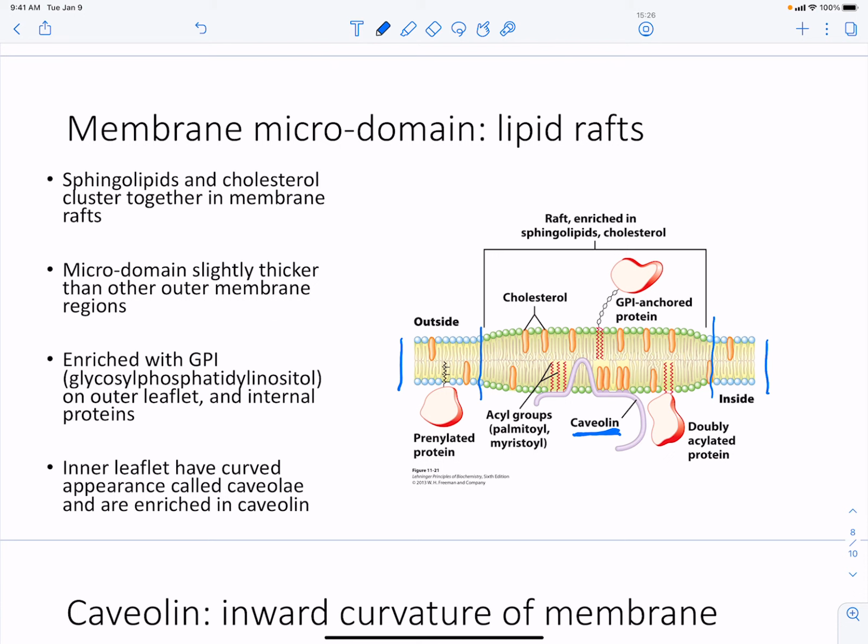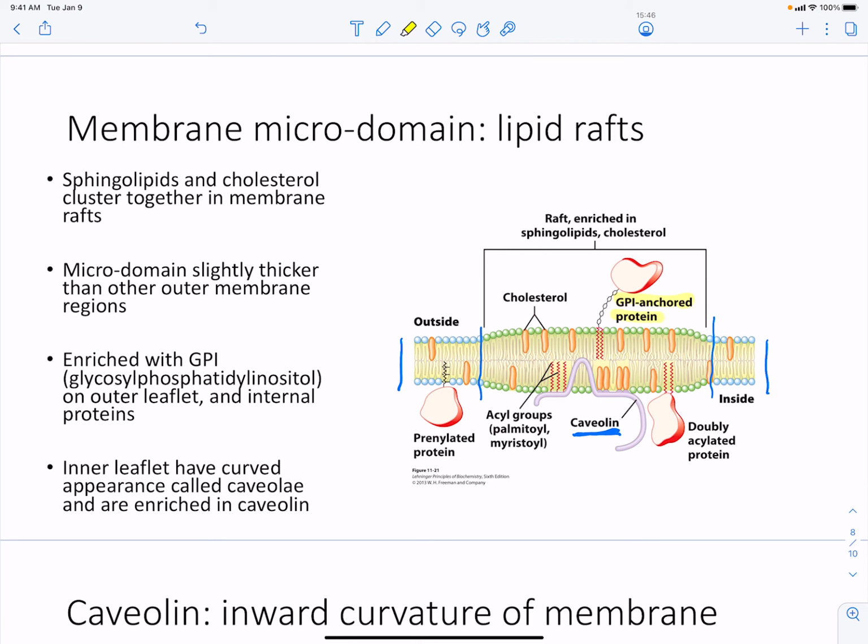But for the lipid membrane part, these rafts are going to have a high level of sphingolipids and cholesterol in them, and it gives it this thickness. You're also going to have GPI anchored proteins, shown here.